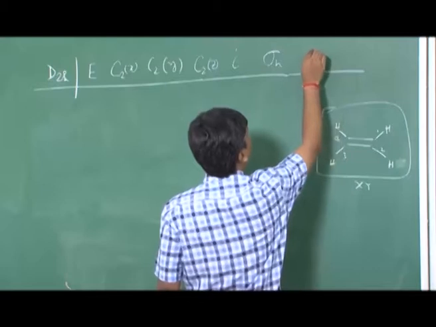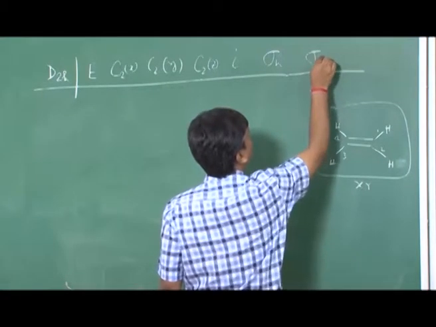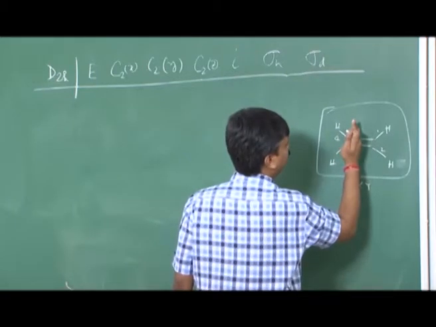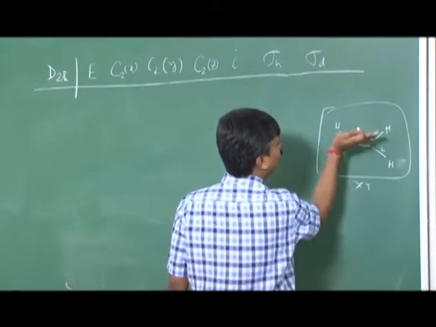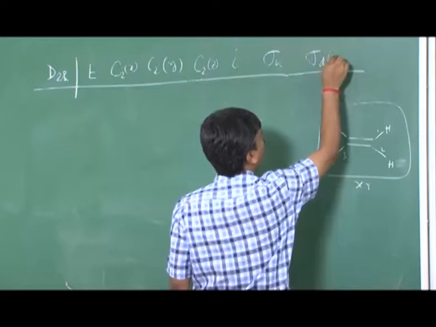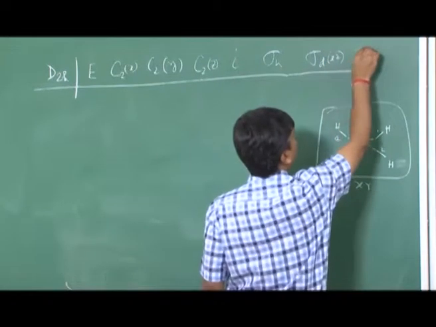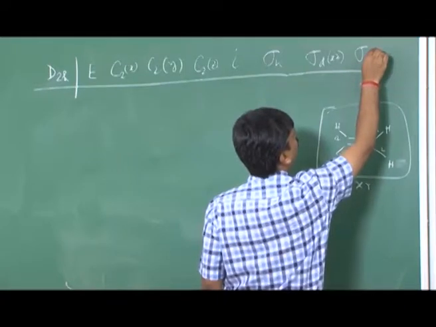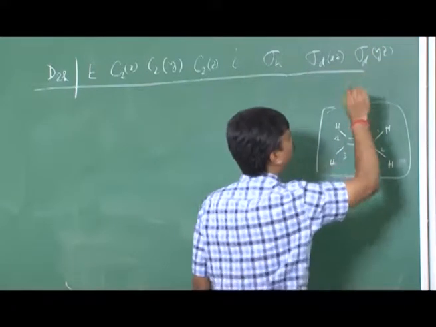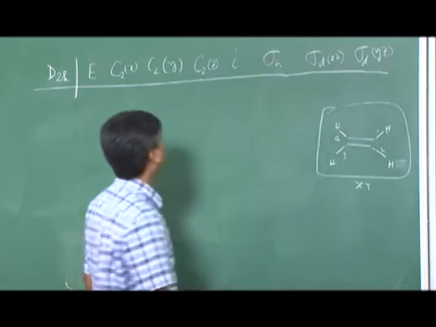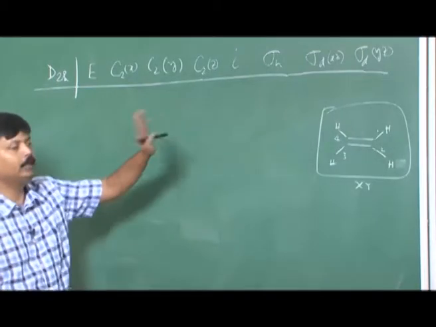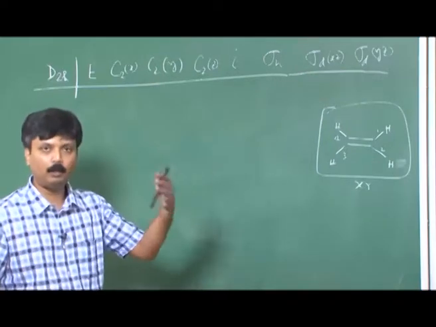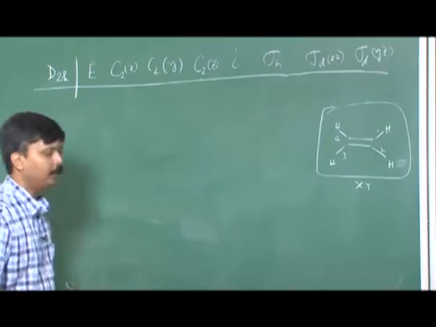So you have sigma d, you can call one yz and the other xz. Okay, so sigma d xz, sigma d yz. All right. So altogether you have a total of 8 symmetry operations. Now you have to find out the representation, right?